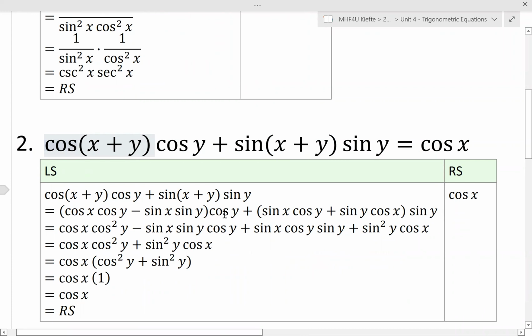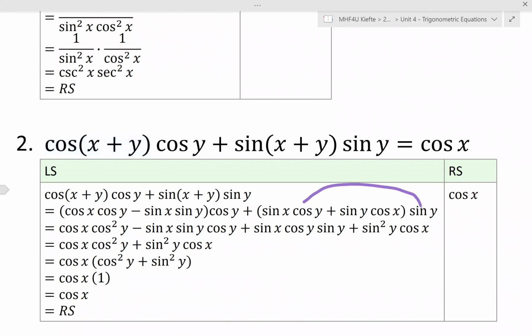And then what I'm doing at this point is I'm taking this cos y and I'm distributing it in here. So cos y times this is going to be cos squared y right here. And this doesn't simplify very much, so they're all going to be listed in a row. Same idea here. I'm distributing this sine y into here and into here.